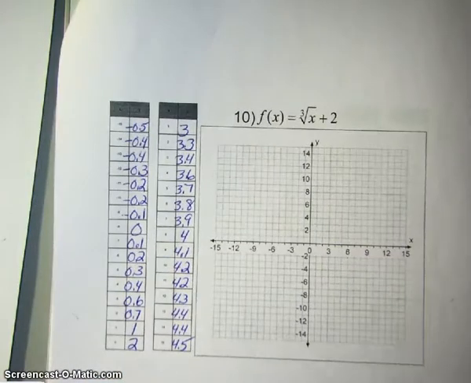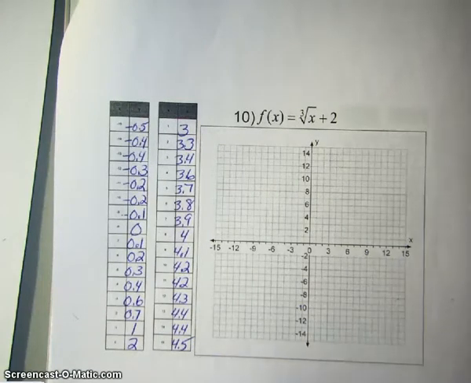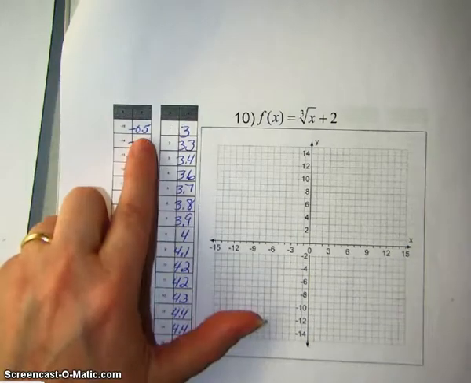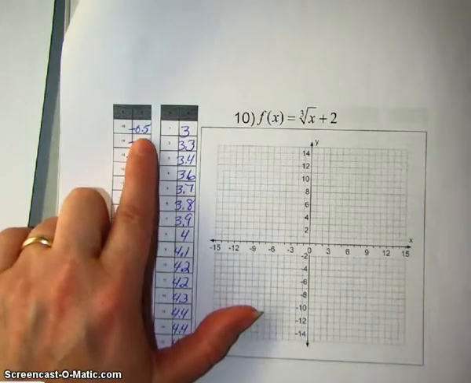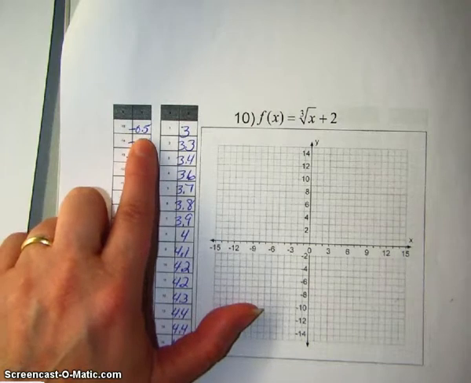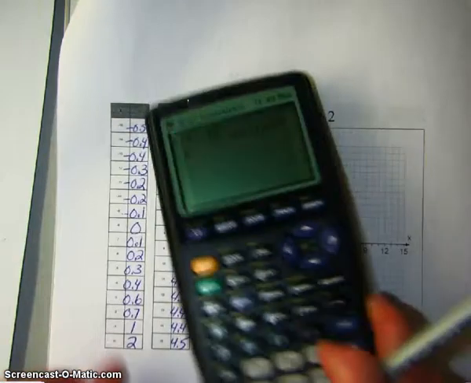All right, problem 10. This one's a transformation. I'm taking that cubic root function and moving it somewhere. We'll learn the rules about how you move them when we get into section 3.4, but for right now, I just want to use these points that I calculated. Maybe I should show you how to do this.